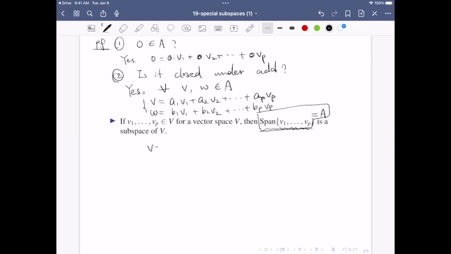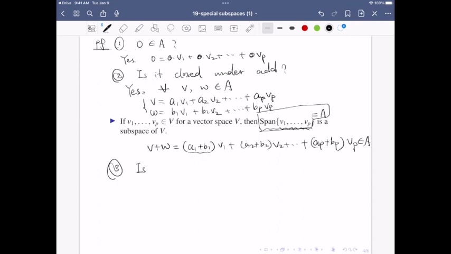Then if you add them up, v plus w, the only question is whether it is still in A. By combining like terms, this can be written as (a1 plus b1) v1 plus (a2 plus b2) v2 up to (ap plus bp) vp. So this is again a linear combination. In other words, this is in A. So it is closed under addition.